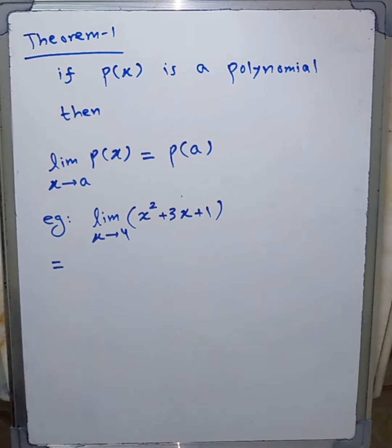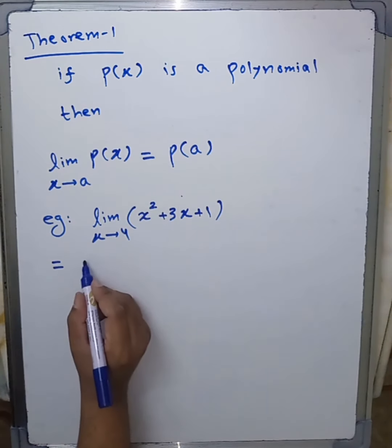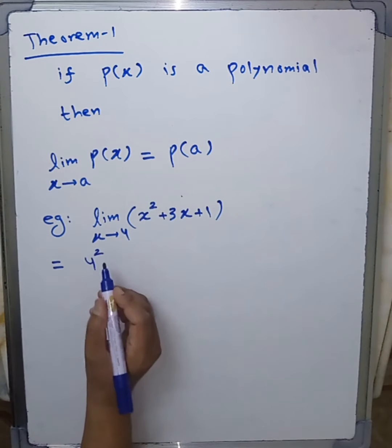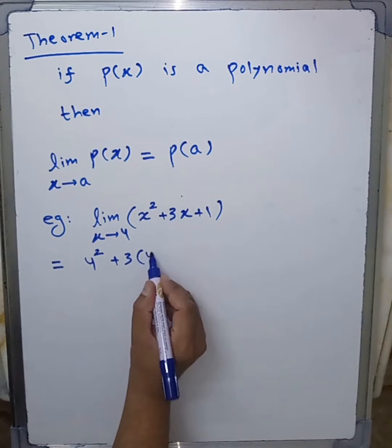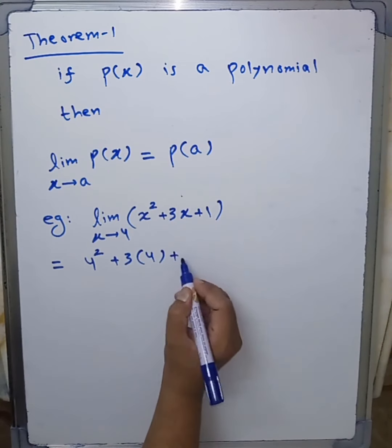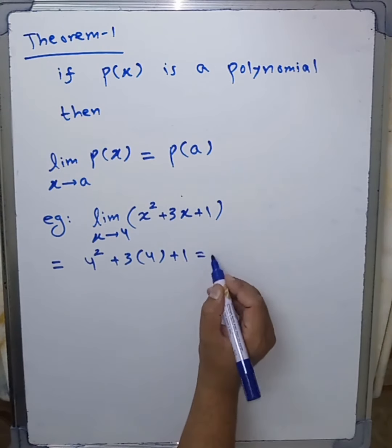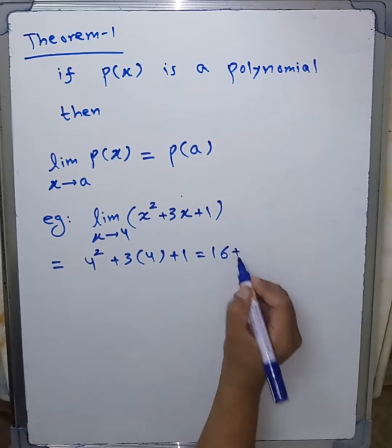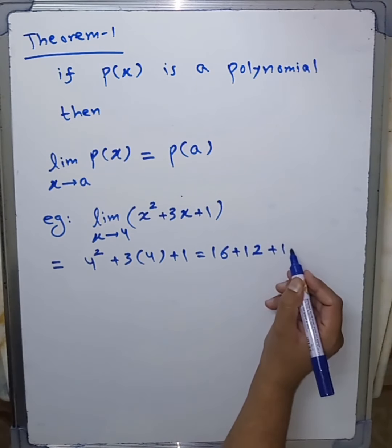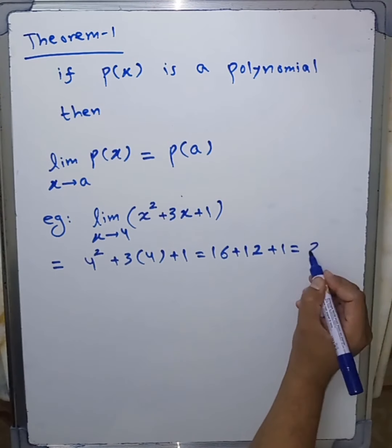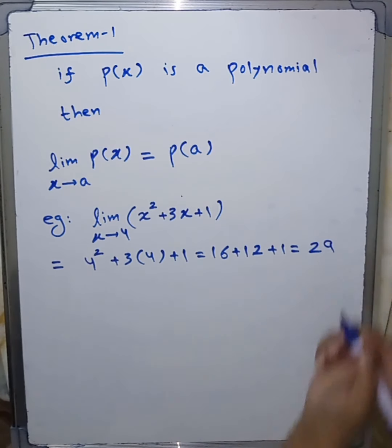Therefore we get 4 square plus 3 multiplied with 4 plus 1. This will give us 16 plus 12 plus 1, and this gives us 29.